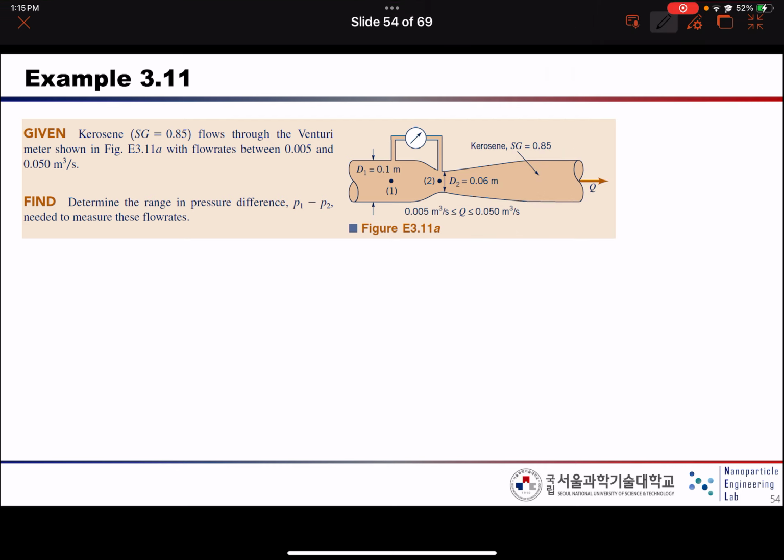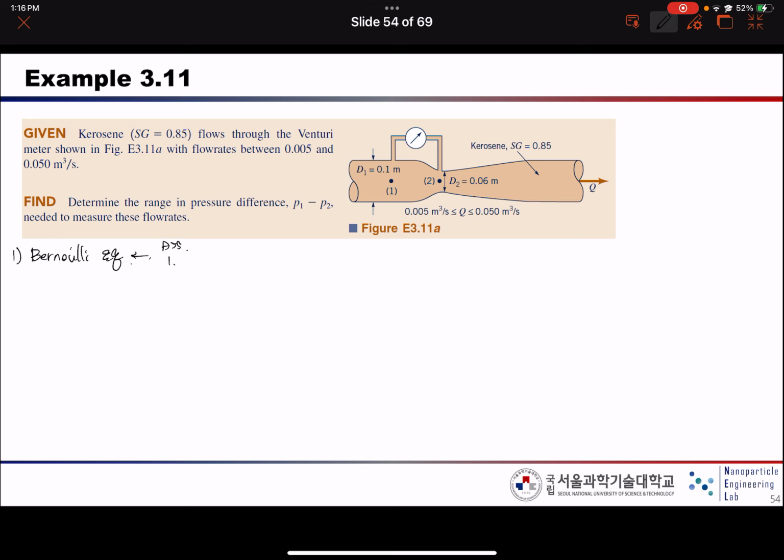Okay, so here, because in this chapter we only learn the Bernoulli equation, definitely we should use the Bernoulli equation, right? To use the Bernoulli equation, there are assumptions.